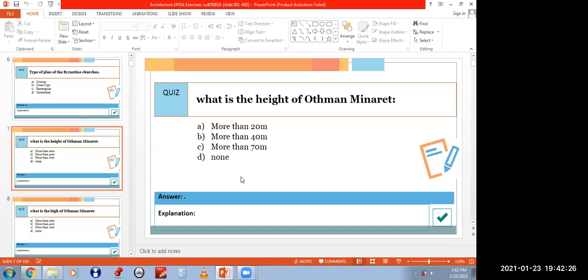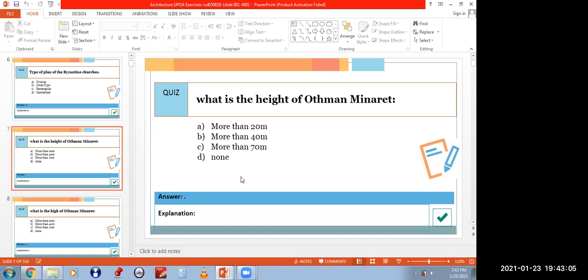Ottoman is mostly related to Turkish places because they had this group of people called the Ottomans. Have you heard of them? So it's a minaret for an Ottoman mosque, for instance. These are mostly in Turkey or the Eastern Europe side.